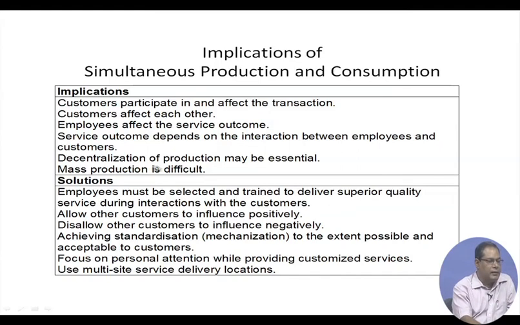And the decentralization of production may be essential, and mass production is difficult in case of services. Although some amount of mass production is done in case of television services or in case of the theater services, very large scale production of services is difficult.